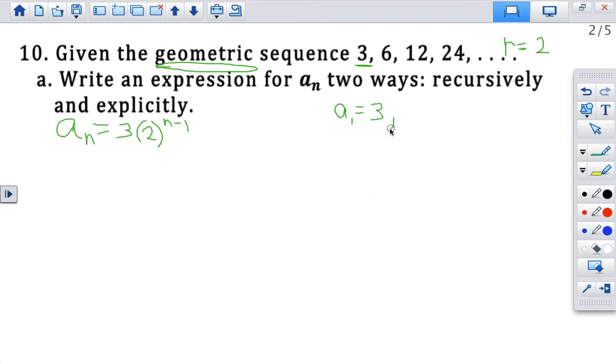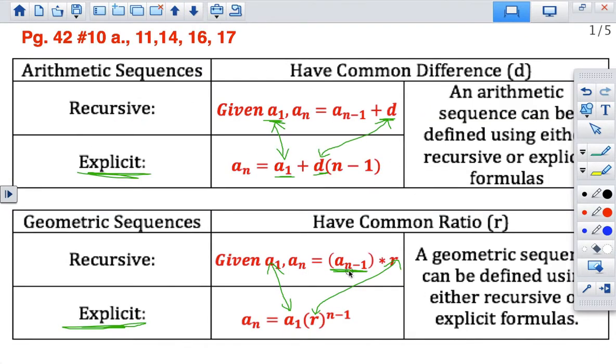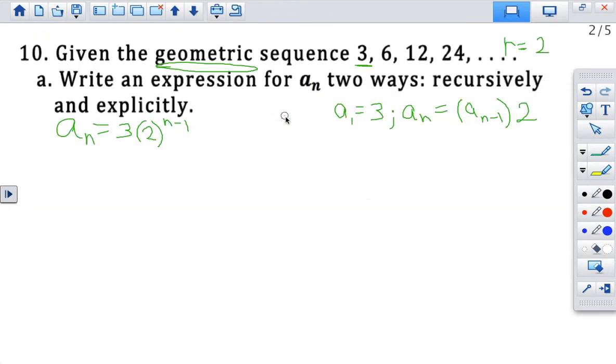And then go ahead and give us the equation. So a sub n is equal to the previous term, a sub n minus 1, times the common ratio, which is 2. All right, let's make sure we have everything covered. The first term times the common ratio. Got it. So that was just one example for a geometric.